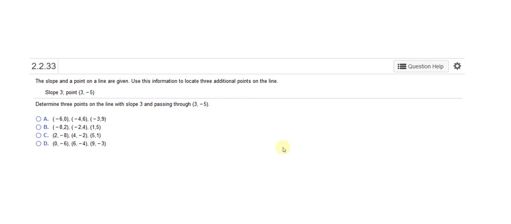Okay, you are given the slope of the line and a point. Now use this information to locate 3 additional points on the line. Let's do it this way. The slope equal to 3 is the same thing as 3 over 1, right?